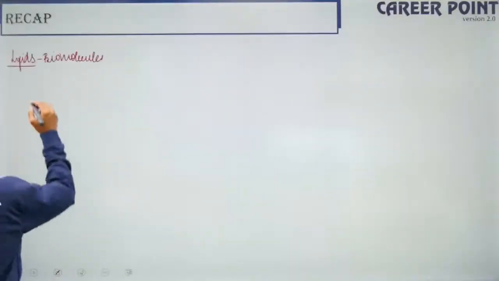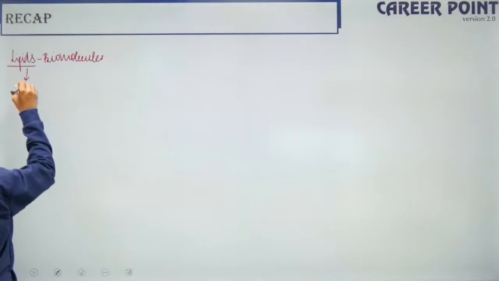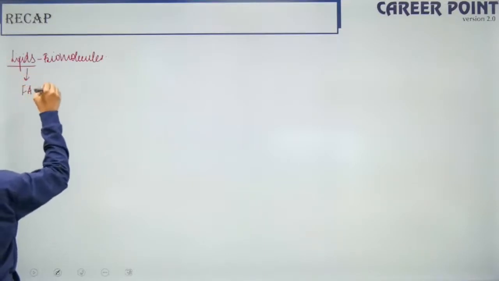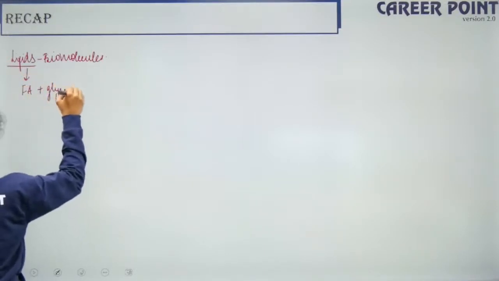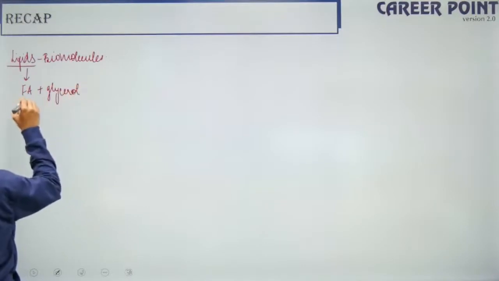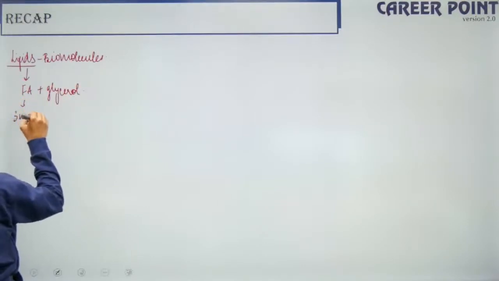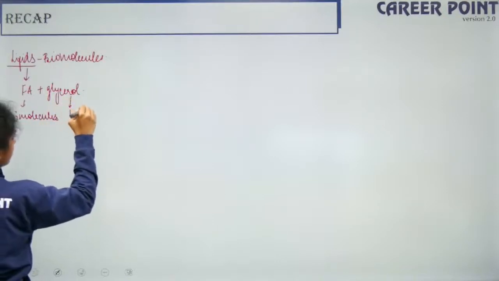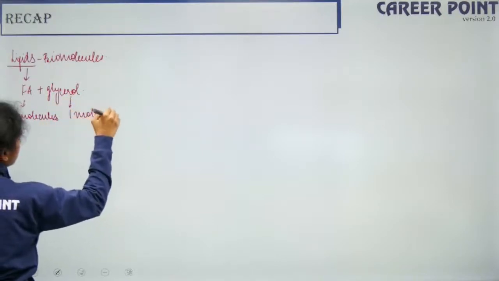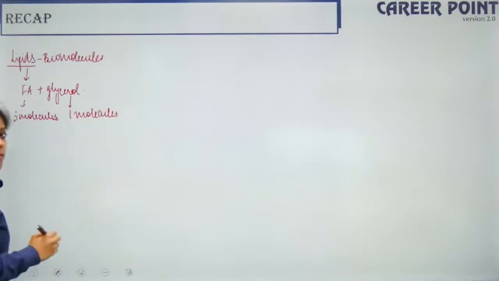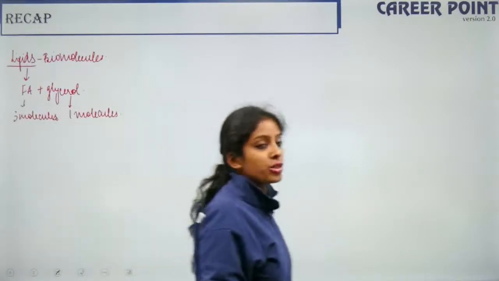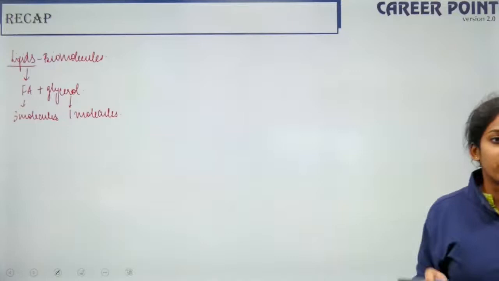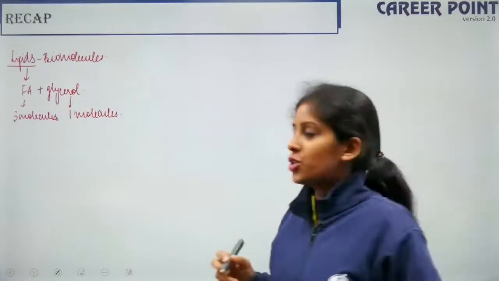So talking about lipids, lipids are made up of fatty acids and glycerol. They are made up of 3 molecules of fatty acid and 1 molecule of glycerol. When we talk about lipids, the first thing that students ask me is, ma'am, which fat is good, saturated fatty acid or unsaturated fatty acids?